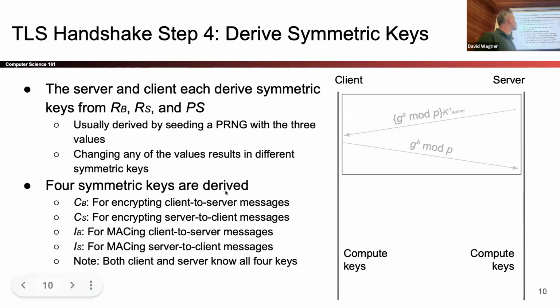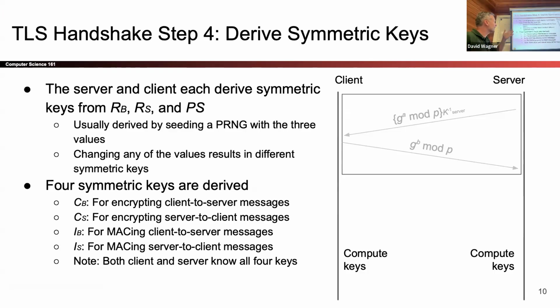Those are derived from the pre-master secret by hashing or seeding a pseudorandom number generator. And crucially, they're derived not just from the pre-master secret, but also as a function of these random numbers that were initially picked.